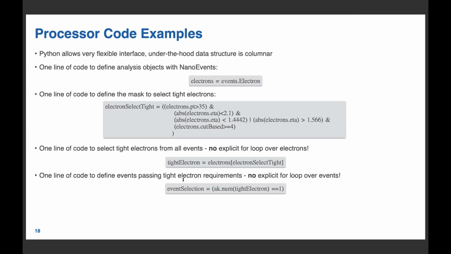You can write a big mask like the one that you see here, placing requirements on different qualities of electrons, and then apply this mask to filter electrons with no explicit loop over electrons, and use a requirement on what you have just defined as a tight electron to define an event selection, in this case without any explicit loop over events.